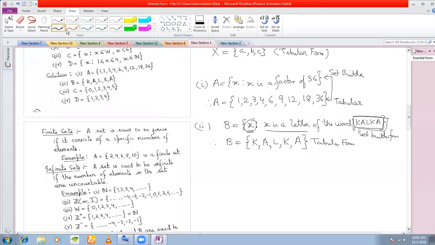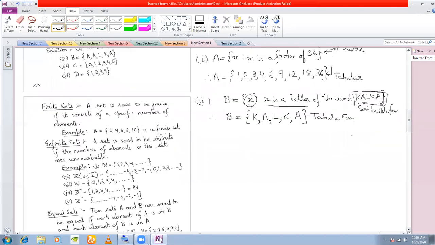A finite set is a set in which you can actually count the number of elements. Sir, I cannot see your screen. Log out, log in once again. Sir, I will leave the class again. I will join. Yes.